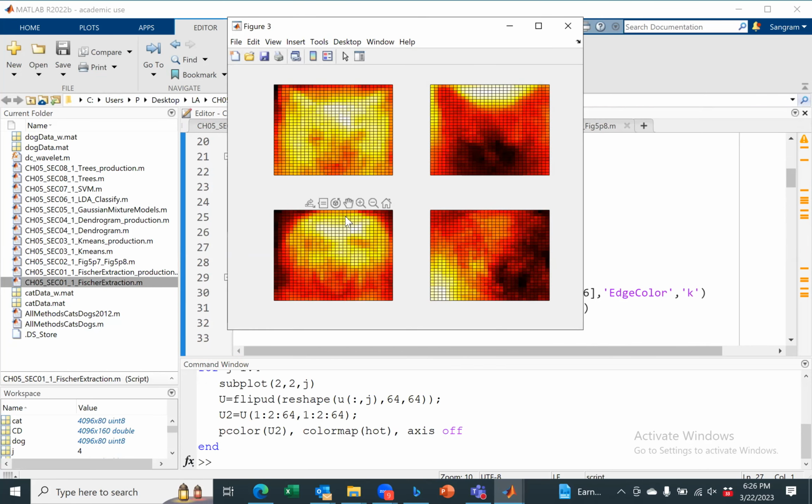Once you run this code, I want you to observe that we are looking at the first 4 features that are generated from the images of cats and dogs. These are nothing but the first 4 columns of the U matrix of the SVD.